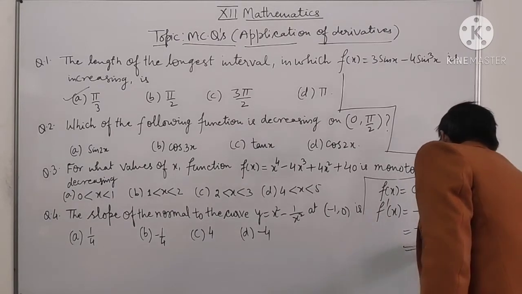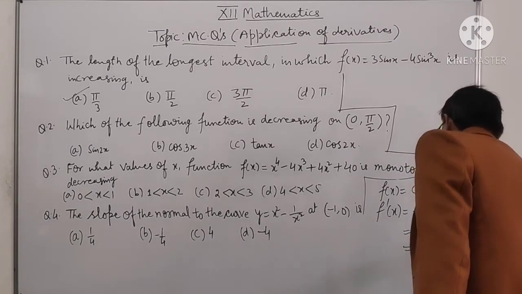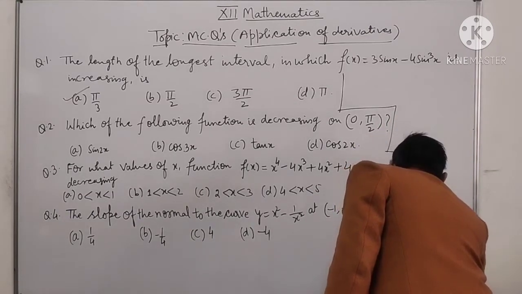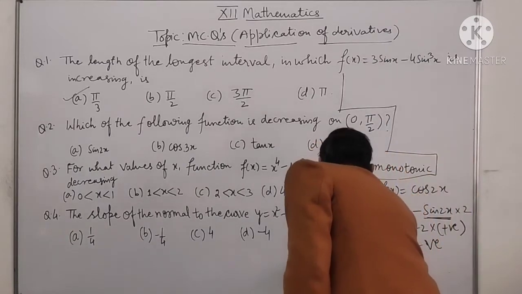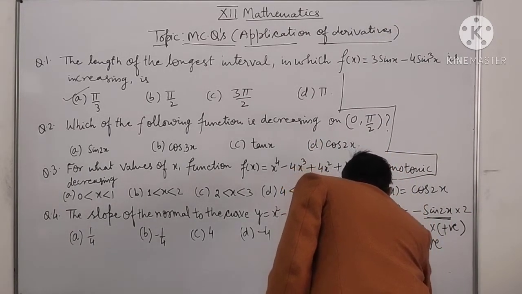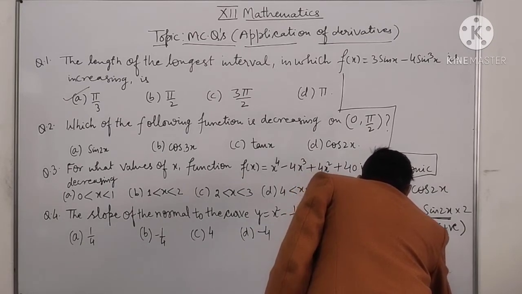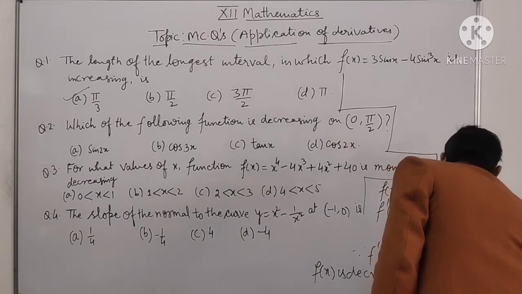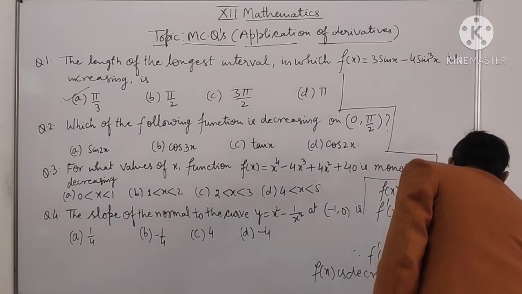So it is negative. Since f'(x) is less than 0, the function is decreasing when x belongs to 0 to pi/2.